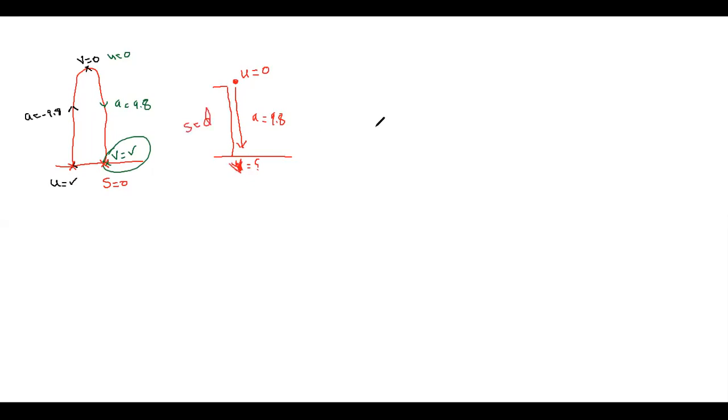Now, the third scenario that we will talk about: we have a particle here and this particle was projected upwards, then it comes down. So in this scenario, there is a u, the initial speed, where the particle is projected upwards. When it's going upwards, a equals negative 9.8, and at this point we have v equals 0.